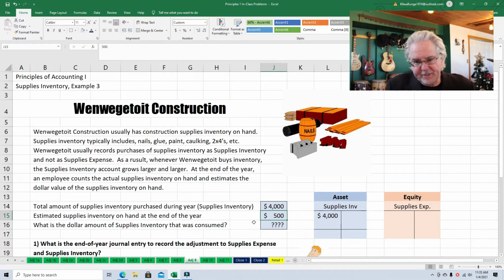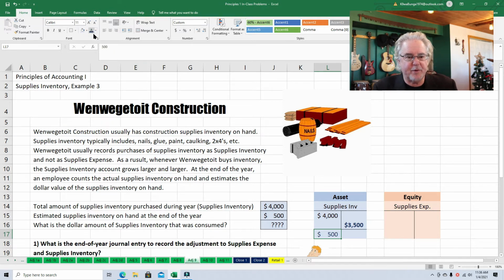There you go. So what we need to do is adjust these accounts to reflect that. We're going to decrease the supplies inventory by $3,500, and that'll bring the balance down to $500, which is what we want. Now, debits and credits need to balance, and we have a credit here of $3,500, so we need a debit. And so we'll debit supplies expense.